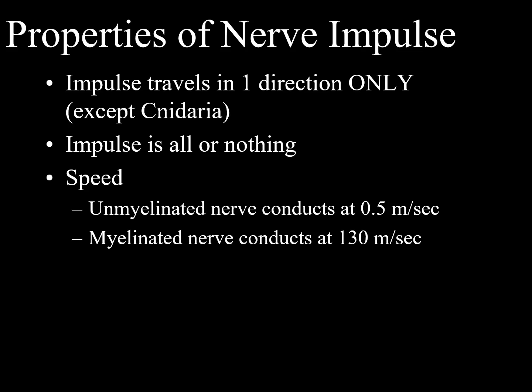Somebody that's 2 meters tall, which is a bit taller than average, but there are certainly lots of people that tall, it would take an entire second for a nerve impulse to go from their brain down to their big toe, which is awfully slow. Myelinated neurons conduct impulses at around 130 meters per second. So it's not a little bit faster, it's massively faster.